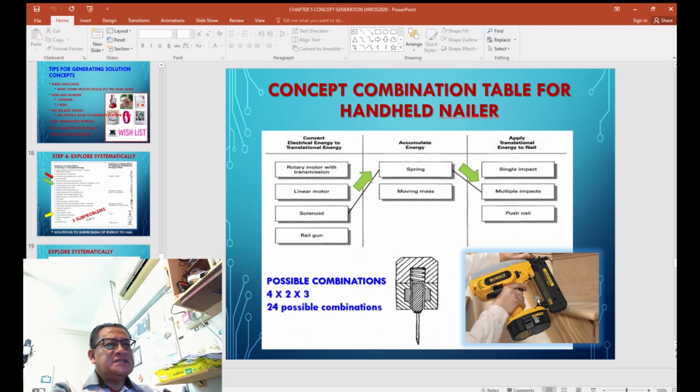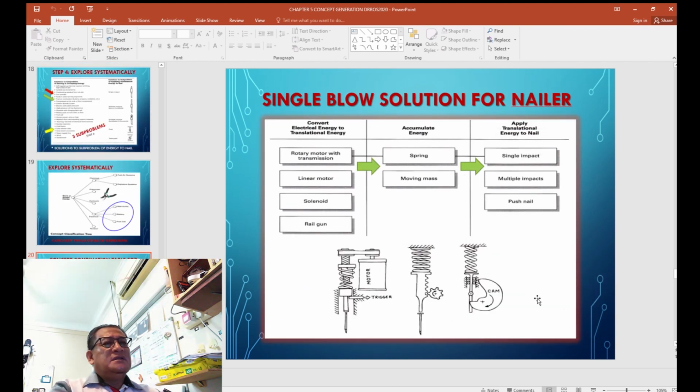So these are several options that you could use. Either you use a moving mass, like a moving weight or spring, to push the nail, single impact or multiple impact, or to slowly push the nail inward towards the wood. So here are a few options.